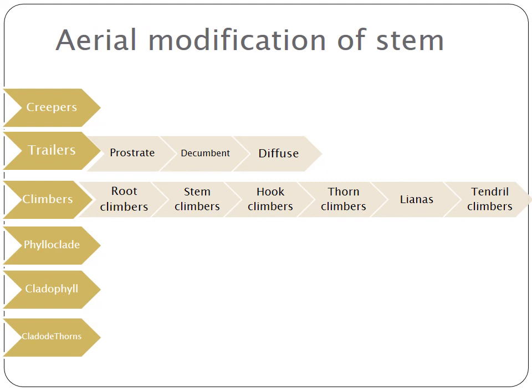Then trailers. It is a weak stem that spreads over the surface of the ground without rooting at nodes. They are divided into three types: prostrate, decumbent and diffuse.